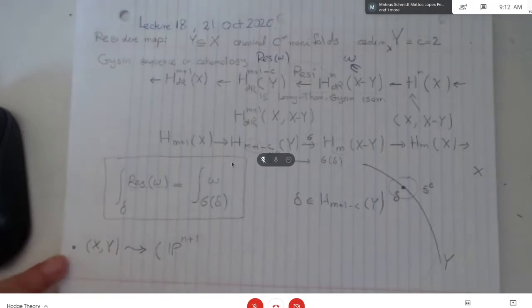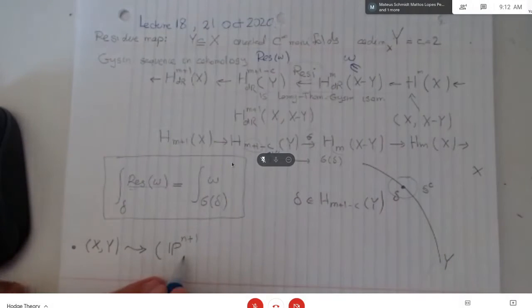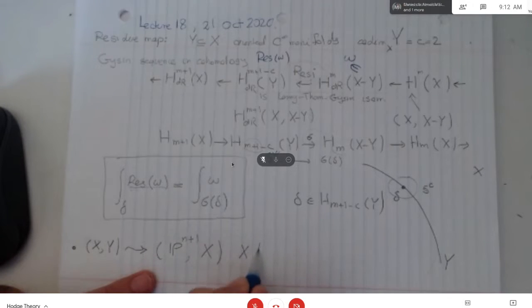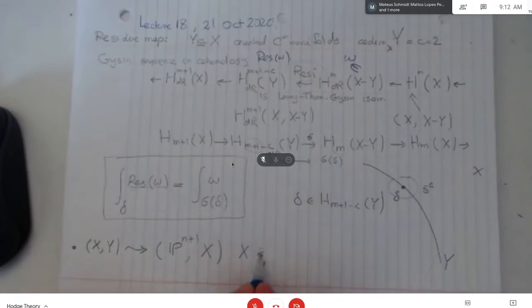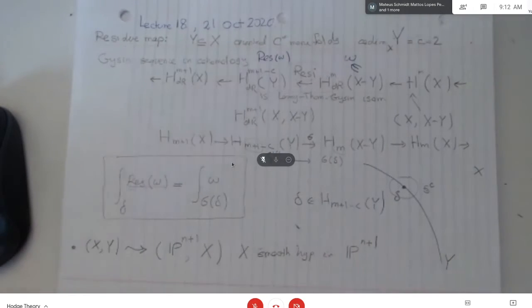I will take X as P^{n+1}. This one I mentioned in the previous lecture. And Y I will denote by X, a smooth hypersurface in P^{n+1}.